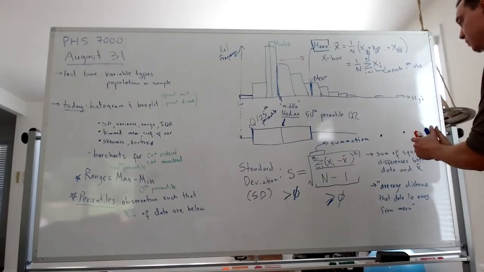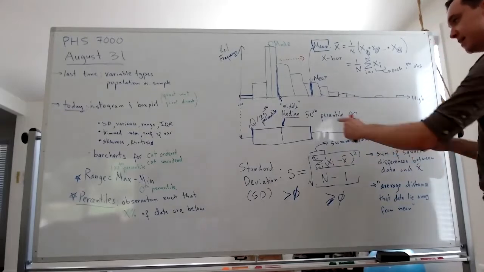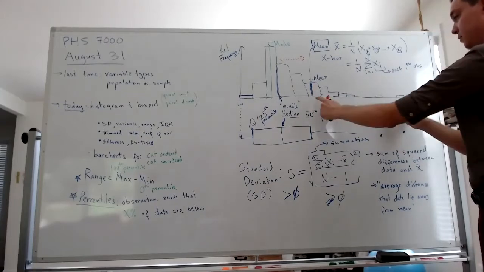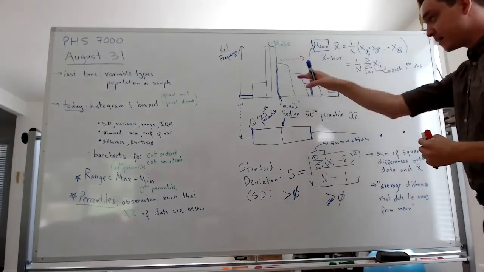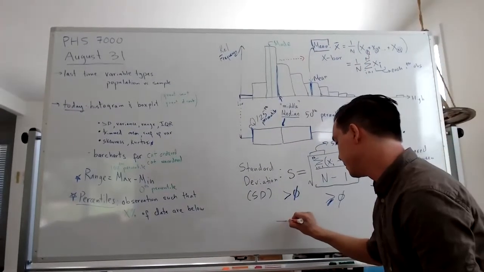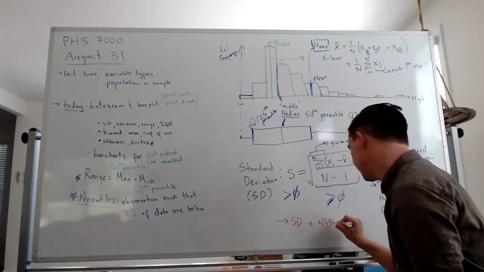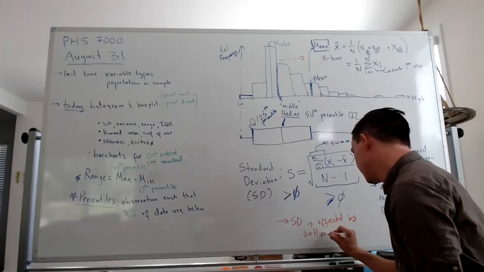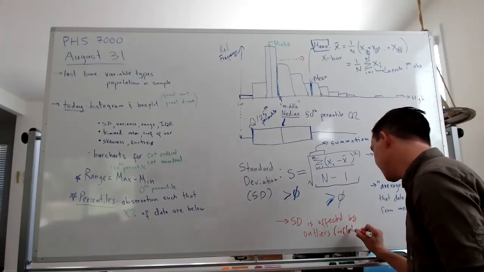So when we are coming to the contributions of these outliers to this formula, we're going to take these differences, these two differences right here, between here and here, here and here, and square it, and then add it to the rest. So the standard deviation is affected by outliers. It's often inflated if there are outliers.